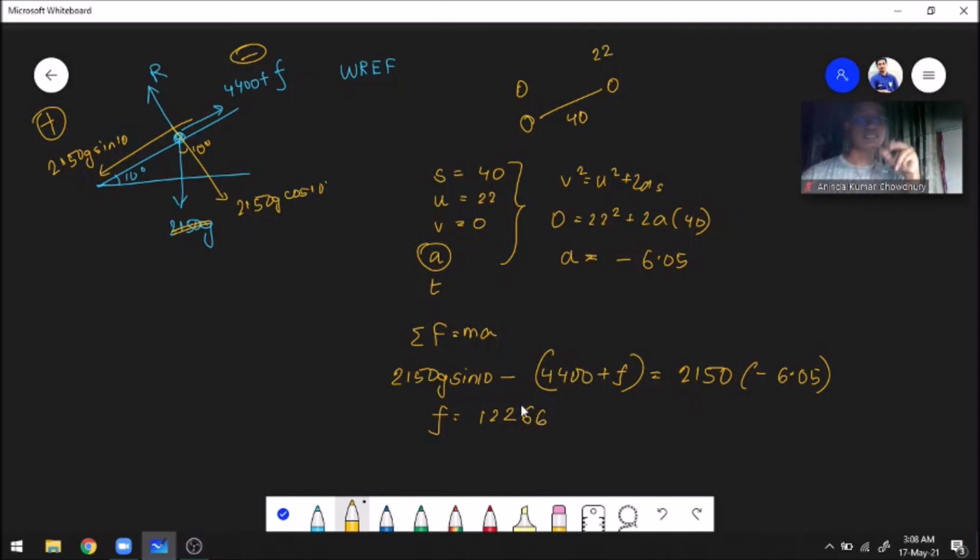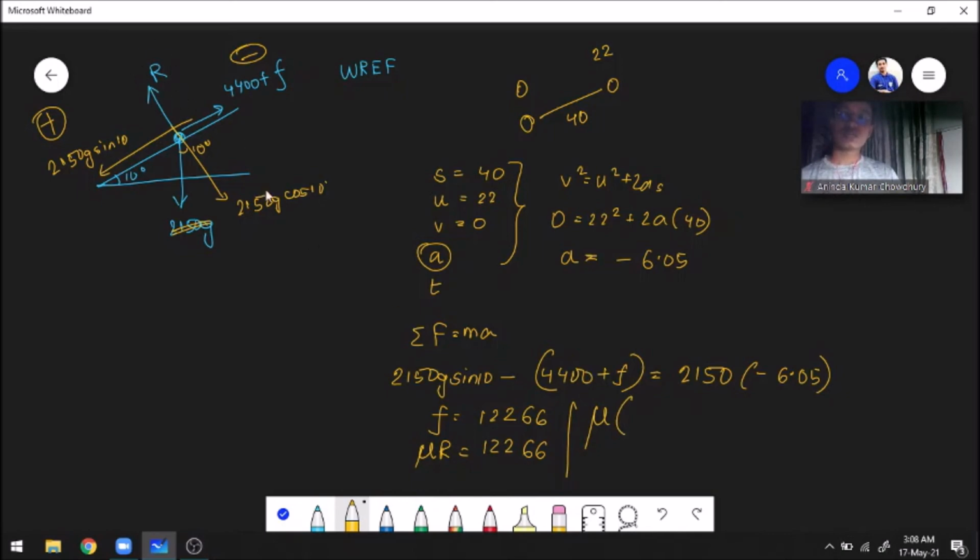Now the car is skidding. Therefore, the friction acting here is the maximum friction. Just after you cross limiting equilibrium, if you're moving at constant speed, the friction acting is its maximum friction value, and that maximum friction has a formula of mu R. Our maximum friction, mu R, is 12266, and we don't know our value of mu. That is something we have to find out, but we can know our value of R.